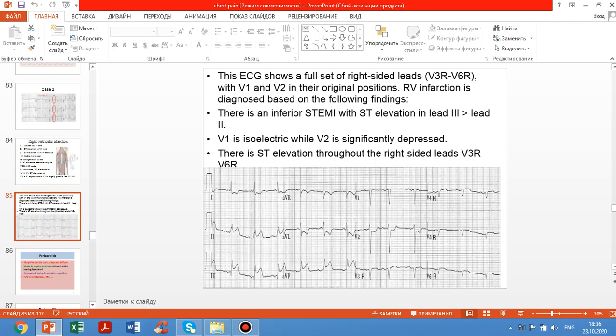There is an inferior ST elevation myocardial infarction with ST elevation in lead 2, and in the third more than lead 2. V1 is isoelectric, while V2 is significantly depressed. There is ST elevation through the right-sided leads V3R and V6R, you can see.